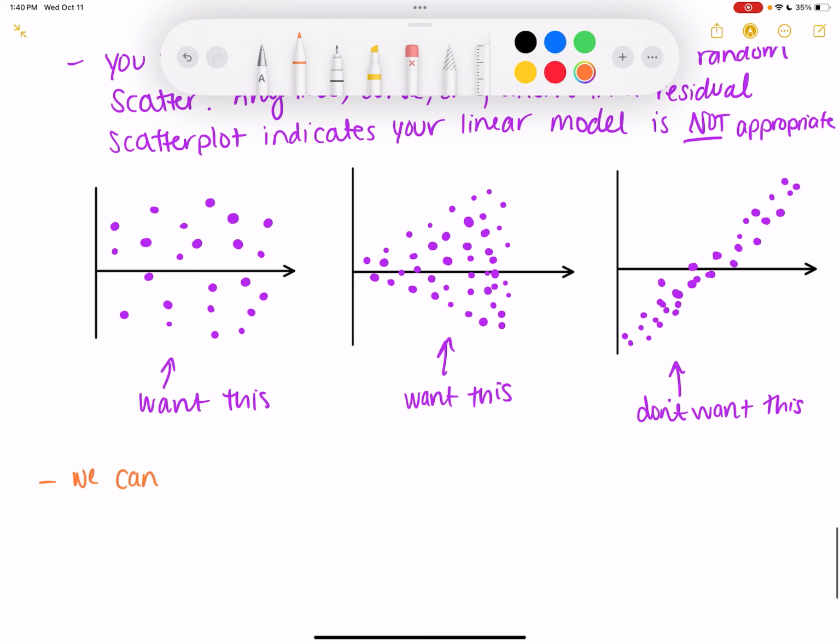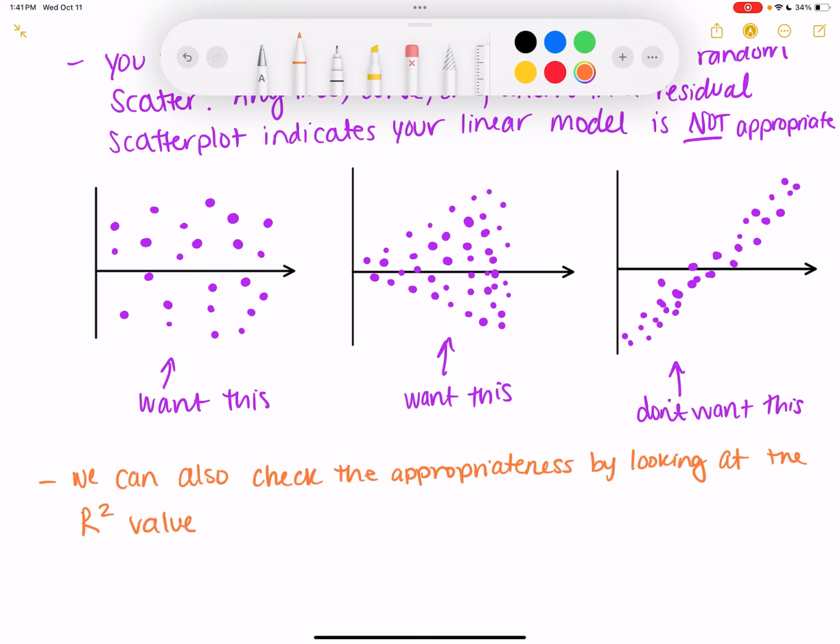We can also check the appropriateness by looking at the r squared value.